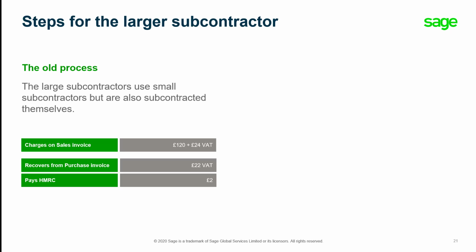So when they receive their invoice from their subcontractor, they recover from the purchase invoice £22 of VAT. When they produce their sales invoice to their customer, they charge £120 plus £24 VAT. In this case, that means that overall they pay £2 of VAT to HMRC.